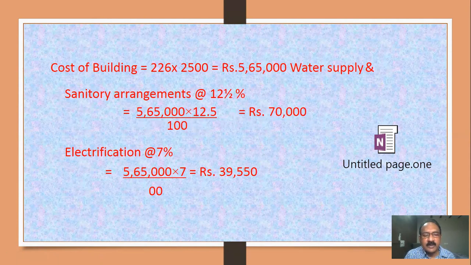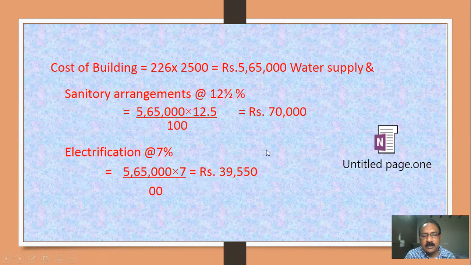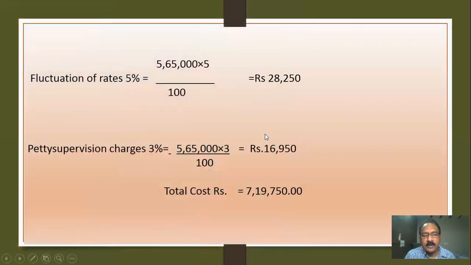Similarly, for electrification, cost is 7%. We have to multiply the basic structural cost of the building 5,65,000 by 7 by 100, that is rupees 39,550.